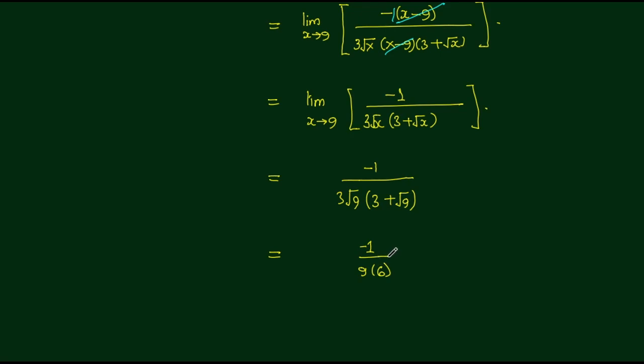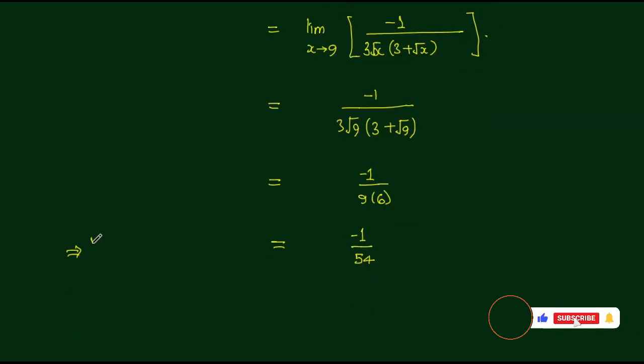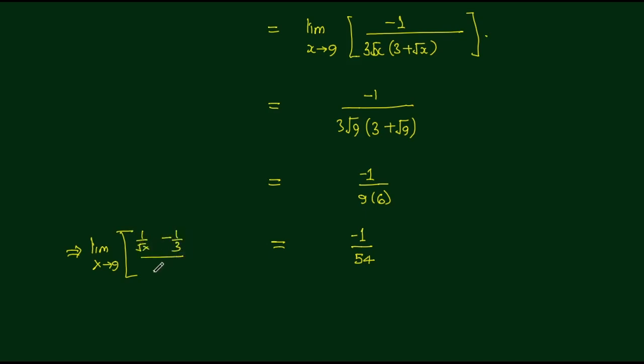So the denominator is 9 times 6, which is 54. So our result is negative 1 over 54, for the limit as x tends to 9 of the original function, 1 over root x minus 1/3 over x minus 9.